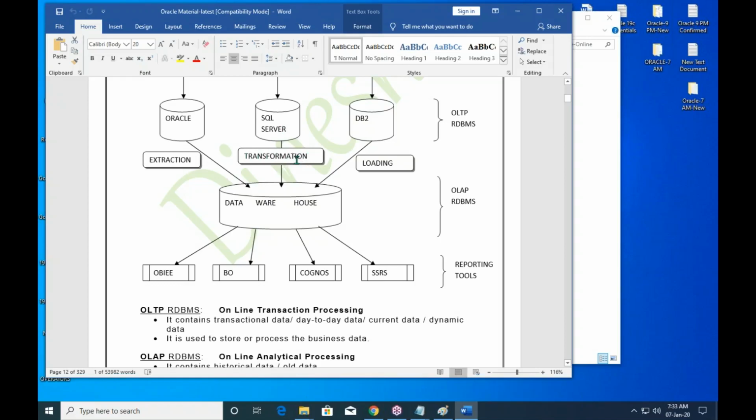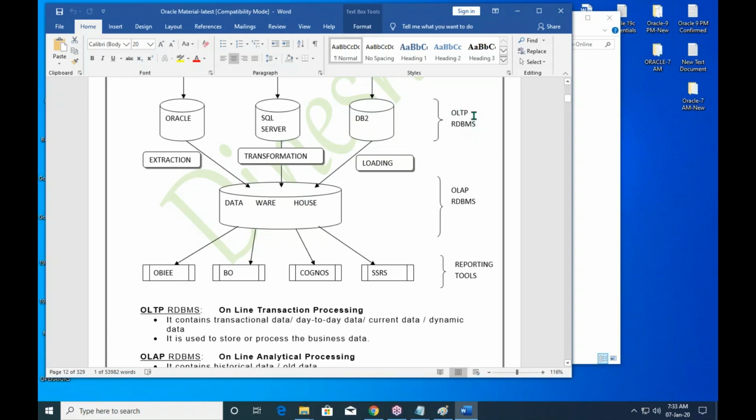Changes means transformations. Once the change is completed, the data is loaded into data warehouse tables. Remember, last year's data is in the data warehouse. Current business period data is in OLTP. I hope you understand guys.